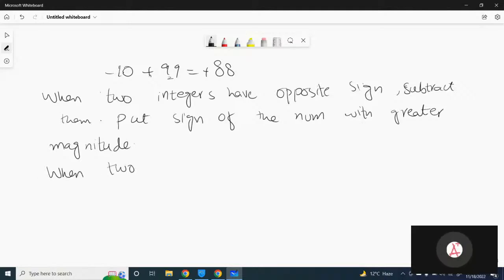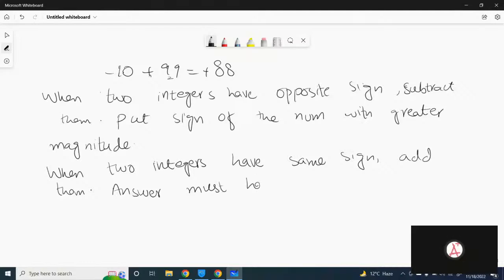Okay, when two integers have the same sign, add them. The answer must have the same sign as the numbers. Got it? For example, negative 10 and negative 99.